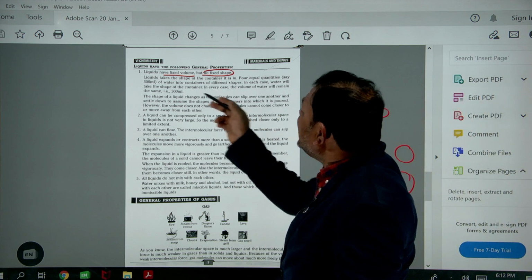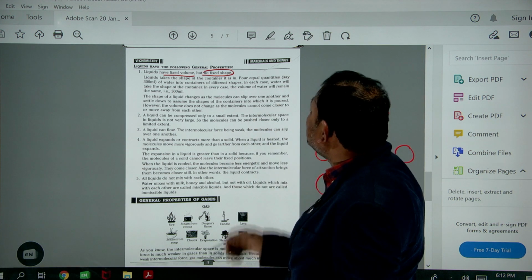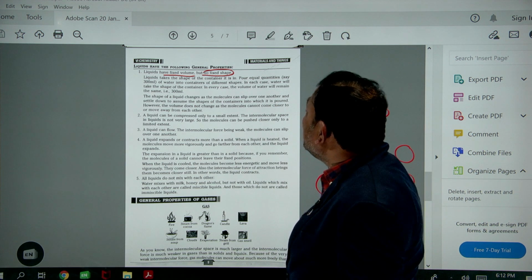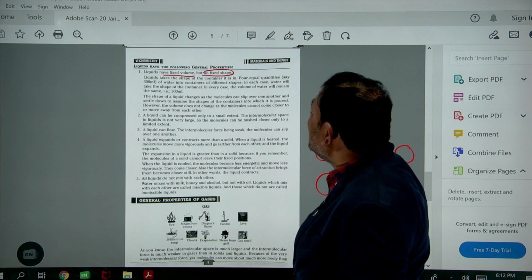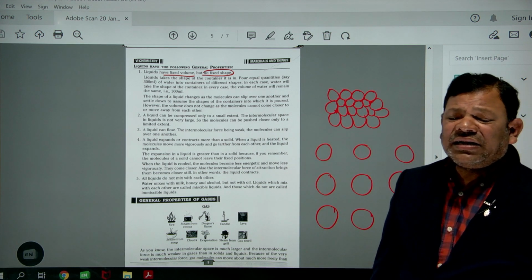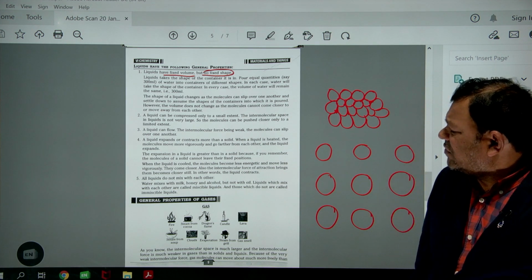Pour equal quantities, 300 millilitres, of water into containers of different shapes. In each case, the water will take the shape of the container. In every case, the volume of the water will remain the same. But whatever container you are using, that shape we can see. That is the characteristic feature of the liquid.